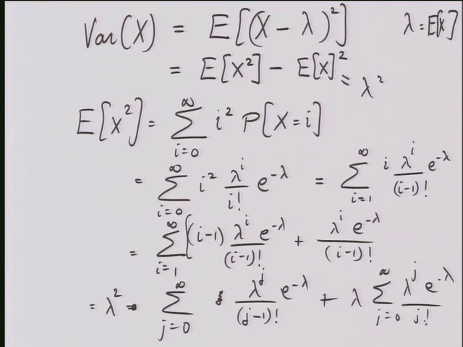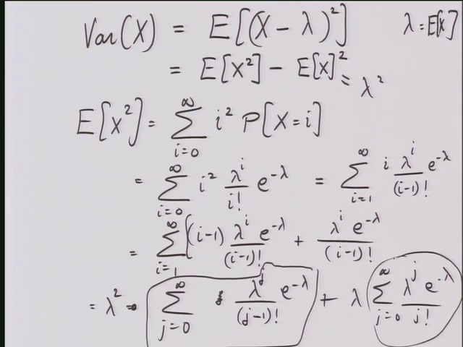Okay? So each of these is 1. Right? This is just the summation of probability x equal to j. Oh, sorry. What did I do here? Should it be lambda, not lambda squared? Yeah, no. Okay, sorry, this was j minus 1.